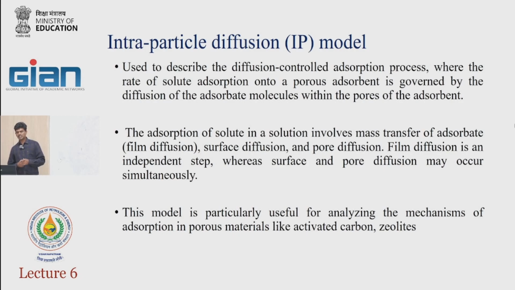This considers that the adsorption of a solute in the solution has to go through several diffusion steps. One is the film diffusion, two is the surface diffusion, three is the pore diffusion.